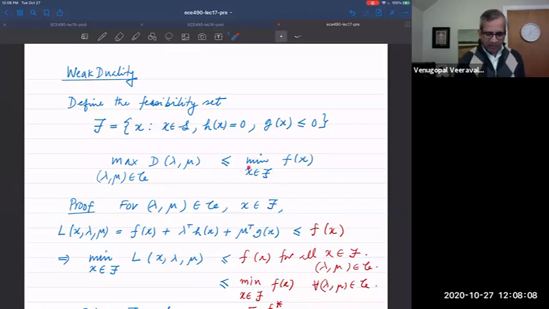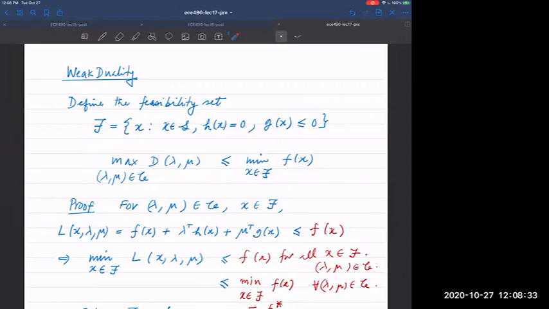So this is the optimization problem that we want to solve, and we have a lower bound that we can obtain by solving this problem. What might be an advantage of doing this? What's special about the problem on the left-hand side? Is that linear, so it's easy to solve?